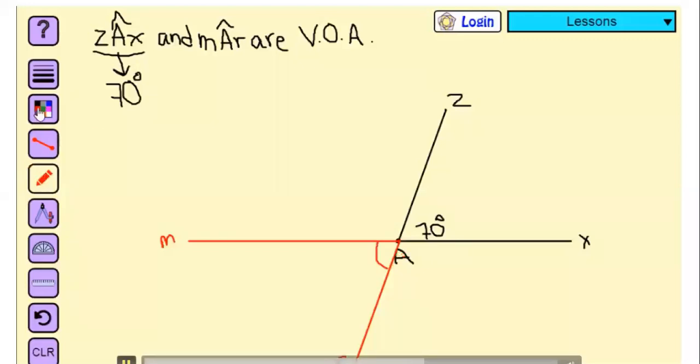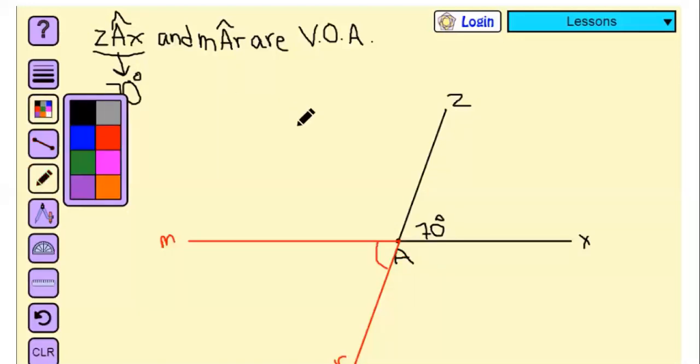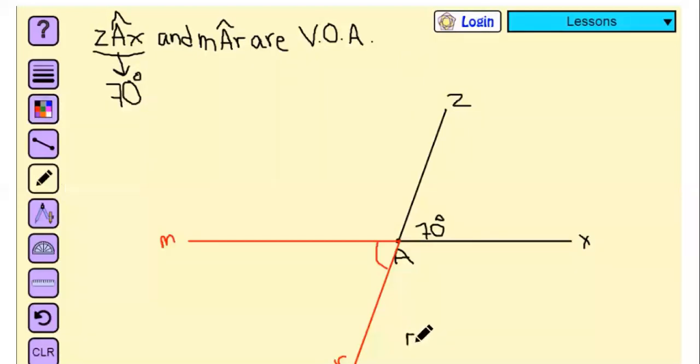Okay, so we said that ZAX and MAR are vertically opposite angles. Then we say that MAR is equal to which angle? Is equal to ZAX.